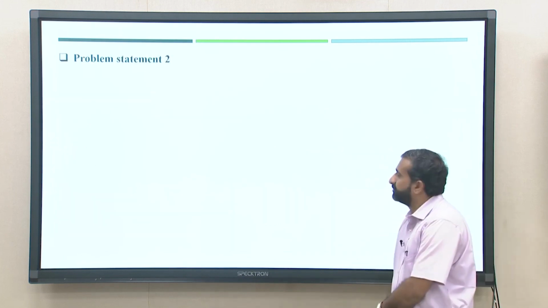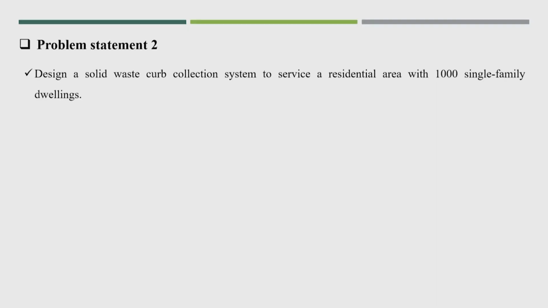Okay. So, now we will go to the next problem, where we will compare the ND values, ND 2 and 3. The problem statement is design of a solid waste curb collection system.